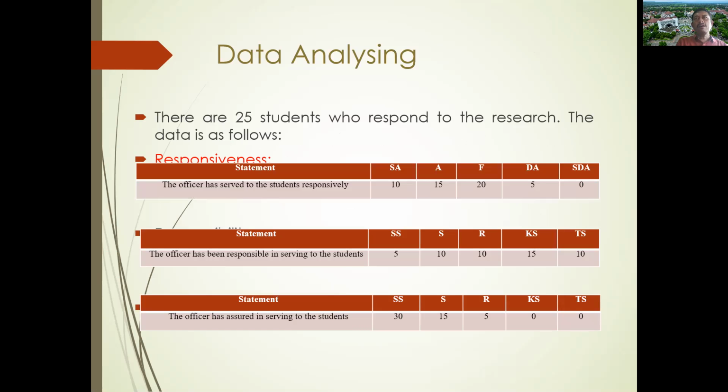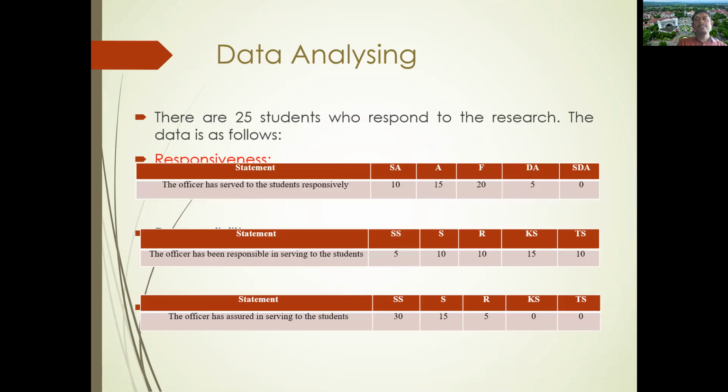After that, we have the data, the raw data from the research. Suppose like this, there are 50 students who respond to the research. The data is as follows.